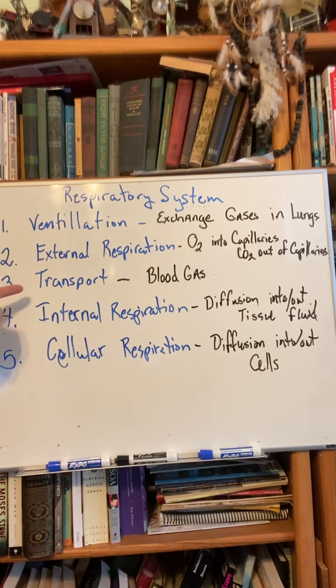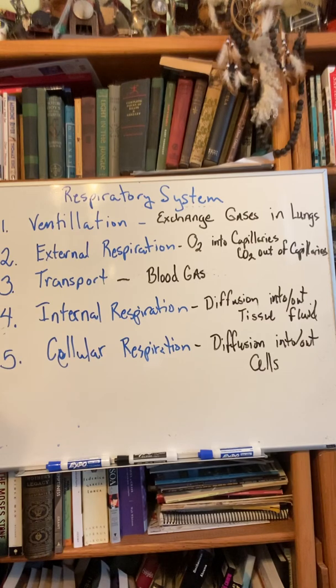The third step, transport, is the circulation of blood gases through the circulatory system. And if you remember the blood vessels, we talked about how arteries become arterioles, that become capillaries. And we had said, what happens in capillaries? Capillary exchange.